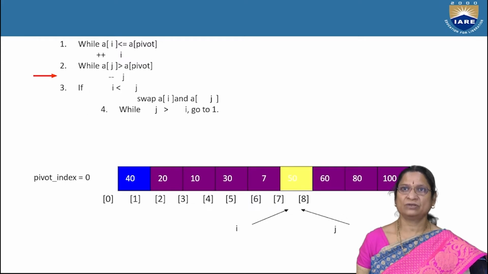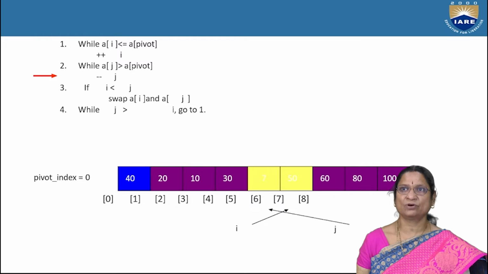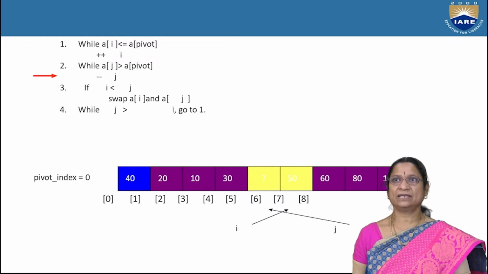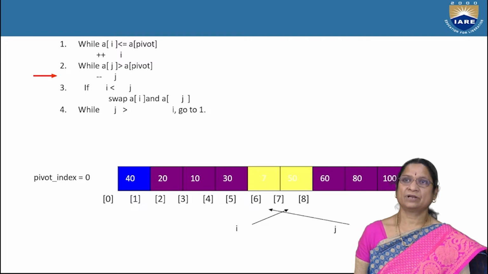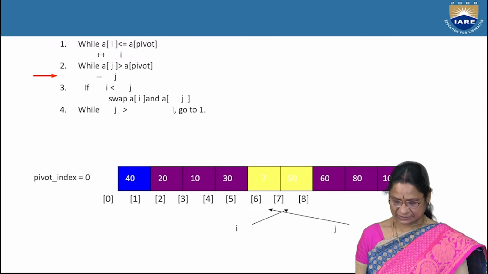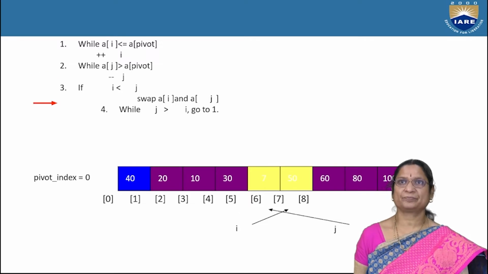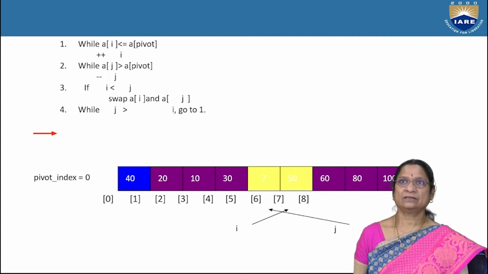Again 50 is greater than 40, so it will continue. But here I is not less than j, right? Our I is greater than j, so the entire process is going to be stopped here.